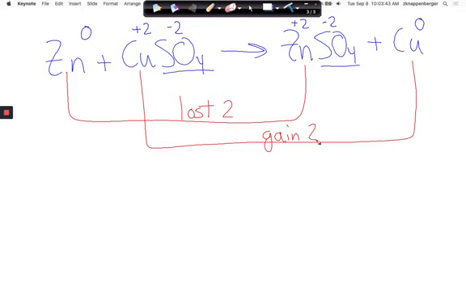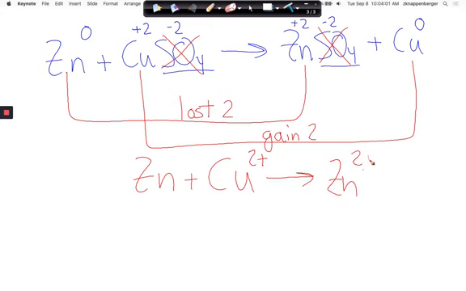And then guys, what about sulfate? Did it change? So what is it? Spectator. This is our spectator. So the net ionic equation is zinc metal plus copper 2 plus ion yields zinc 2 plus ion and copper metal.